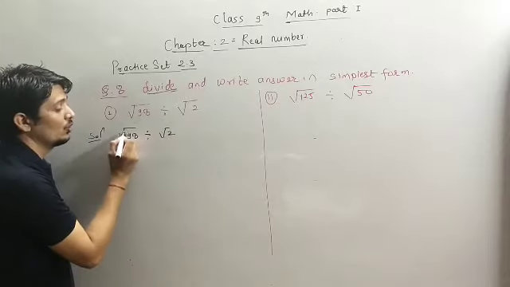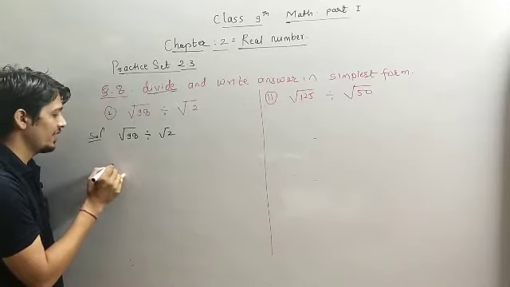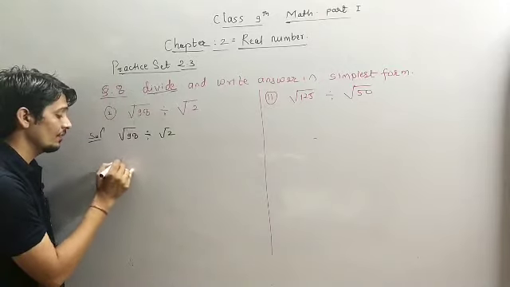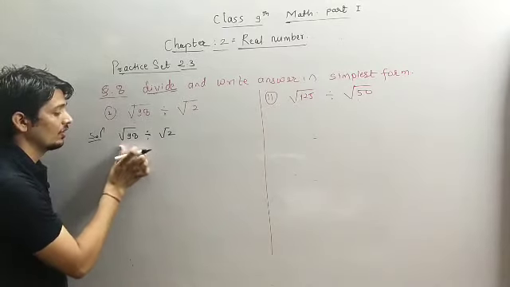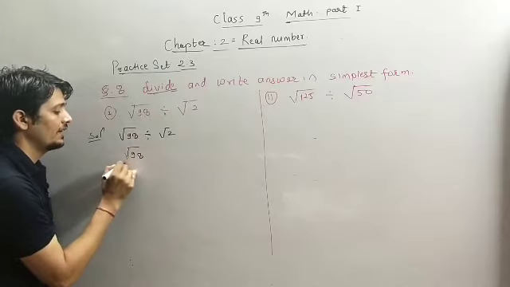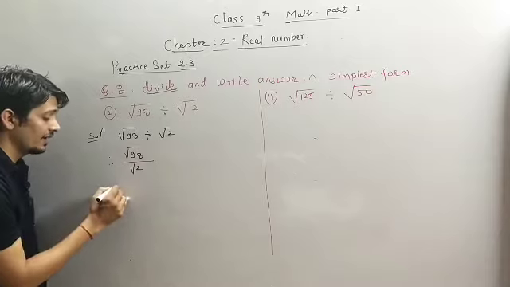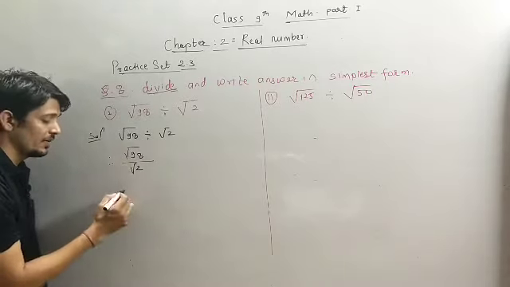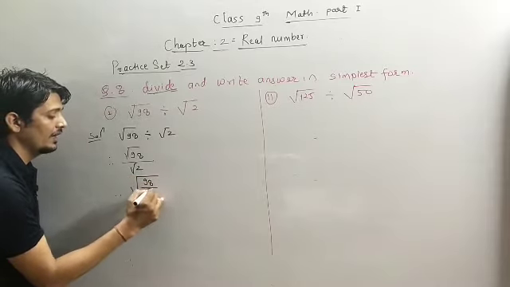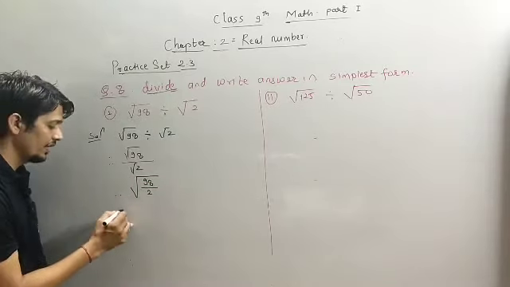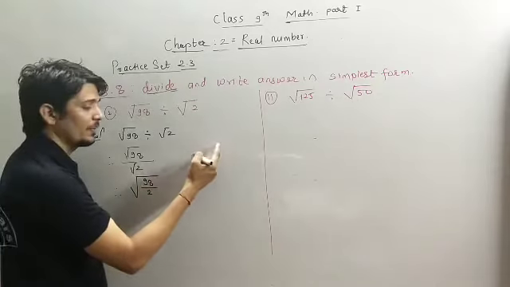See, again the power of the roots of both is the same, so they can divide easily. So we can write root 98 divided by root 2. Then, since the power of both is the same, we can write them as root of 98 divided by 2. So we will first solve this in its simplest form here.